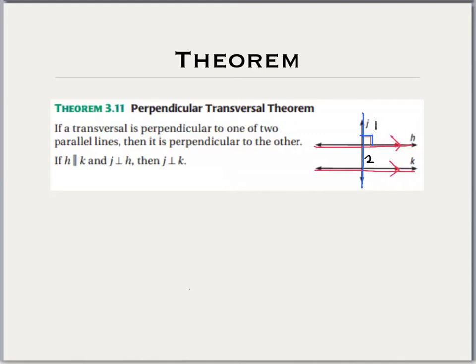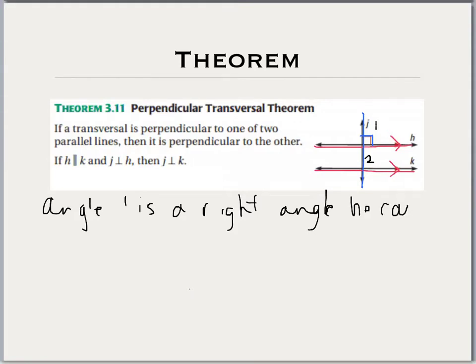We can say angle 1 is a right angle because J is perpendicular to H. Okay?